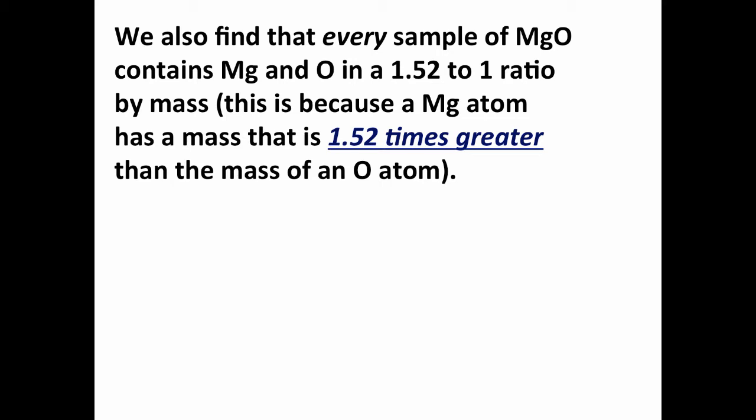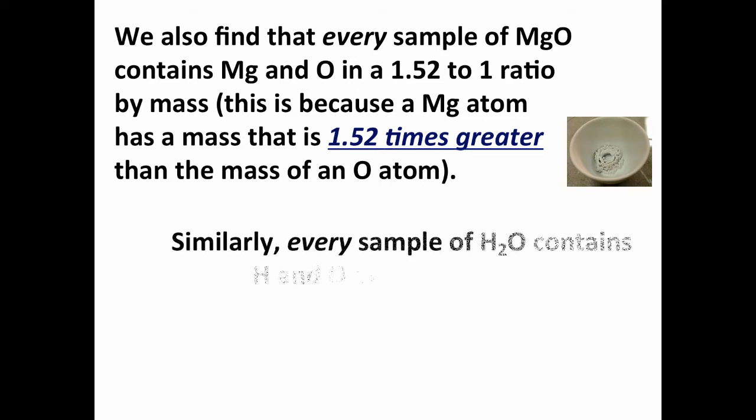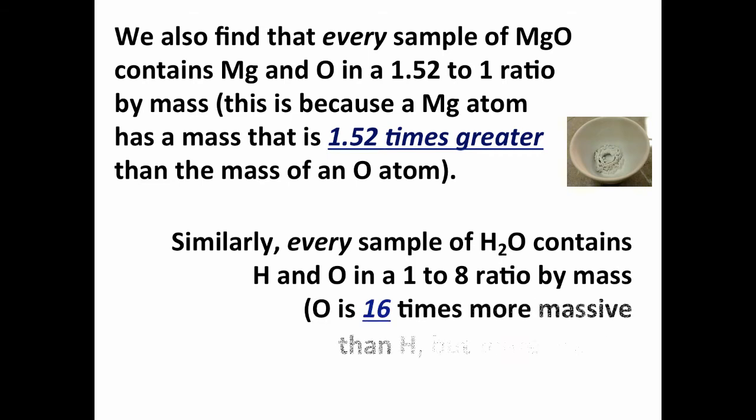The reason is that magnesium atoms have a mass about 1.52 times greater than oxygen atoms. So if we have more or less of the substance, the ratio of the magnesium to oxygen masses is always the same. Same thing's true for any other substance.